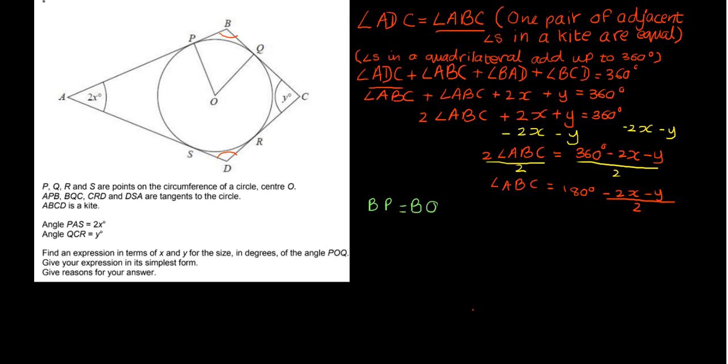and we're going to use a circle theorem for this, and the circle theorem is tangents drawn from the same point, both of these are tangents drawn from B, are equal.